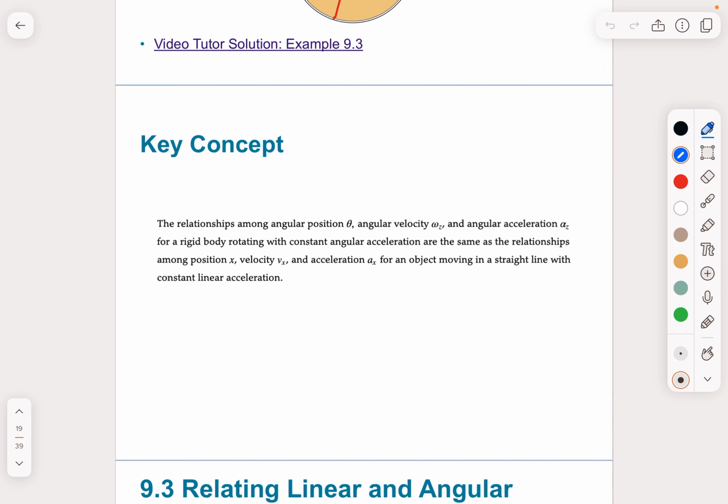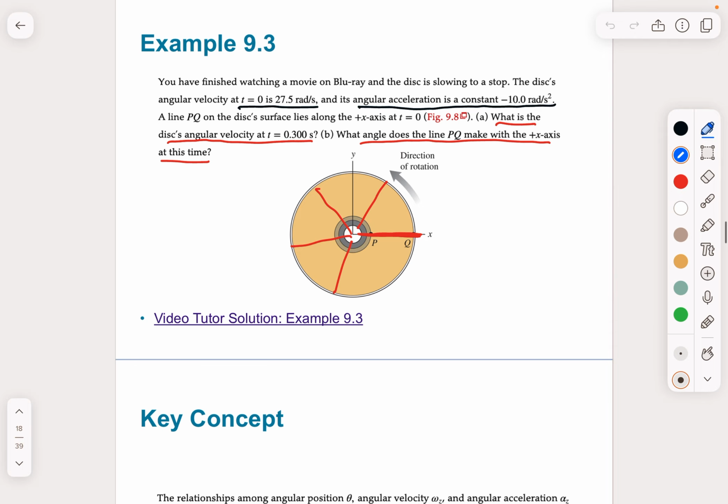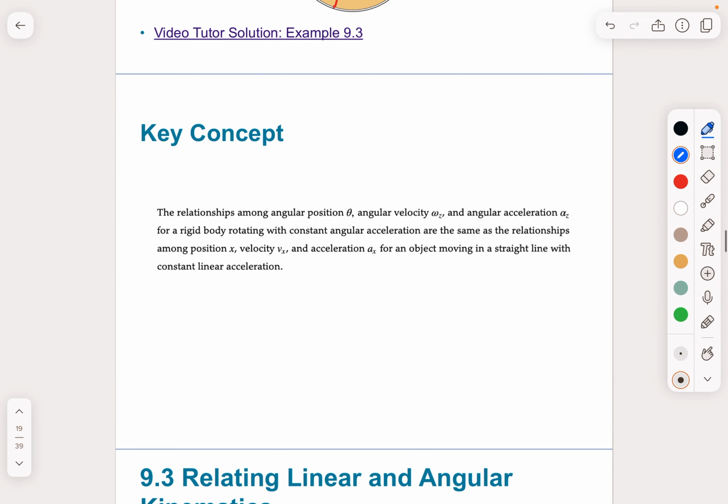So the key idea here for these types of problems, and this is definitely an exam style problem, so I would review this and similar ones, okay? There'll be several of those on the exam. Key idea here is, right, these relationships between angular position, angular velocity, angular acceleration, they are all related the same way that the linear variables were.